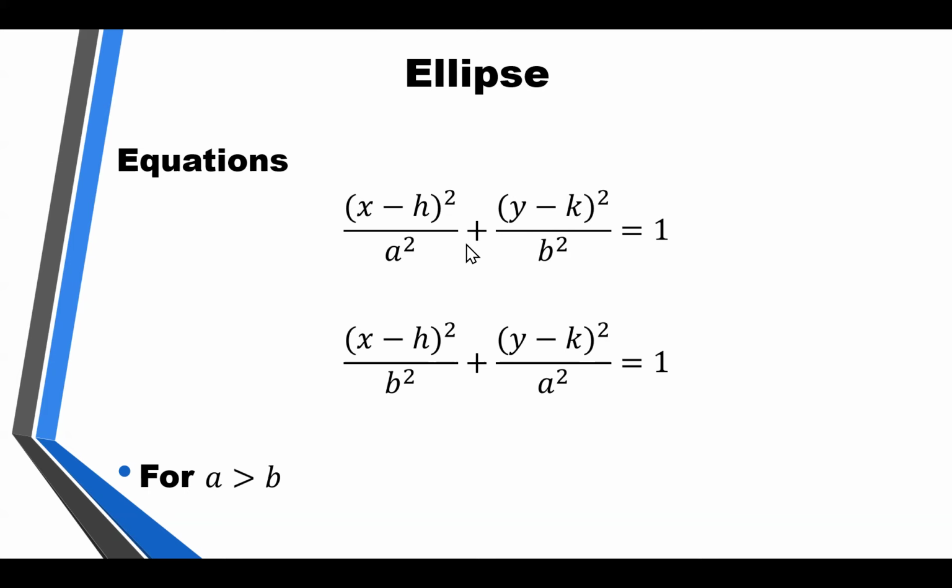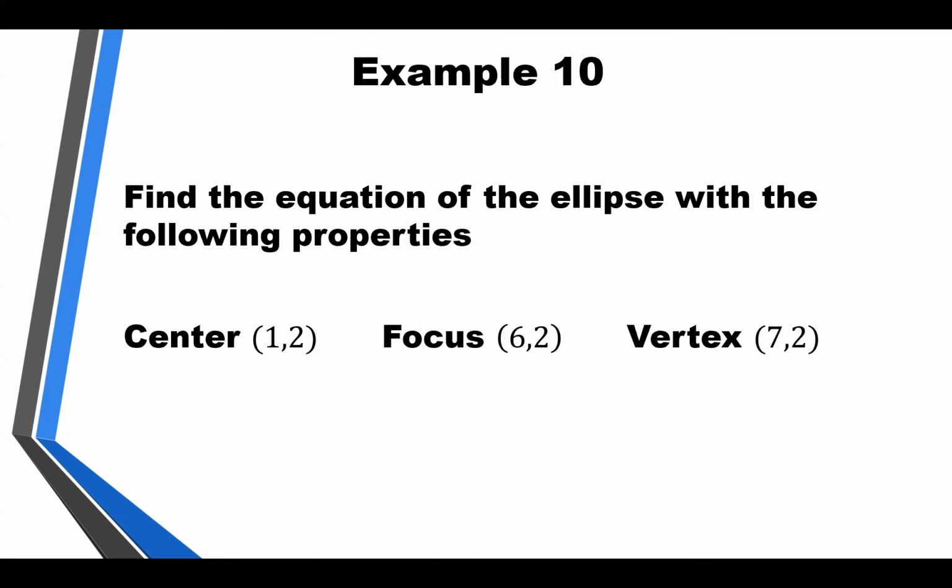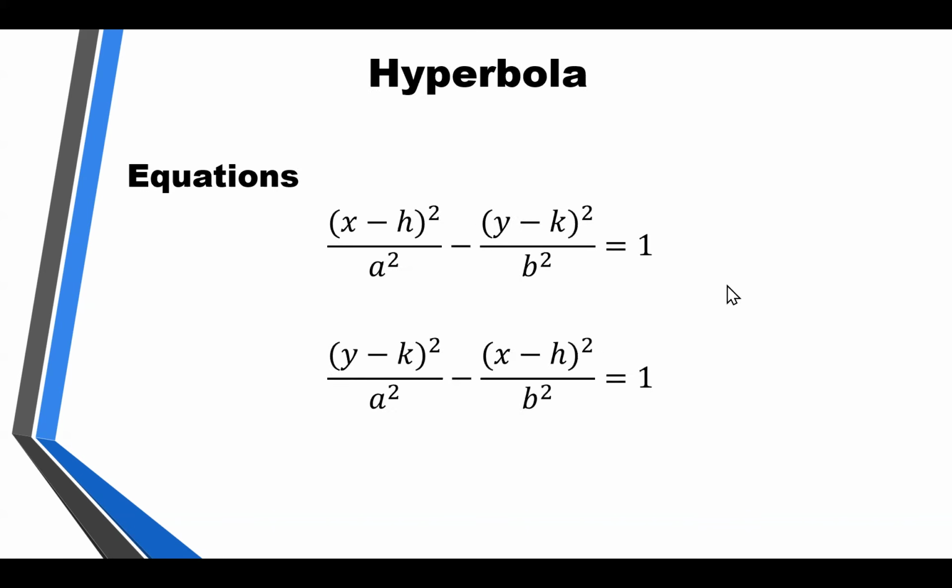For the next conic section, the next conic section is going to be the hyperbola. And the equations are going to look very similar, except we're going to have a minus in between those terms on the left-hand side.